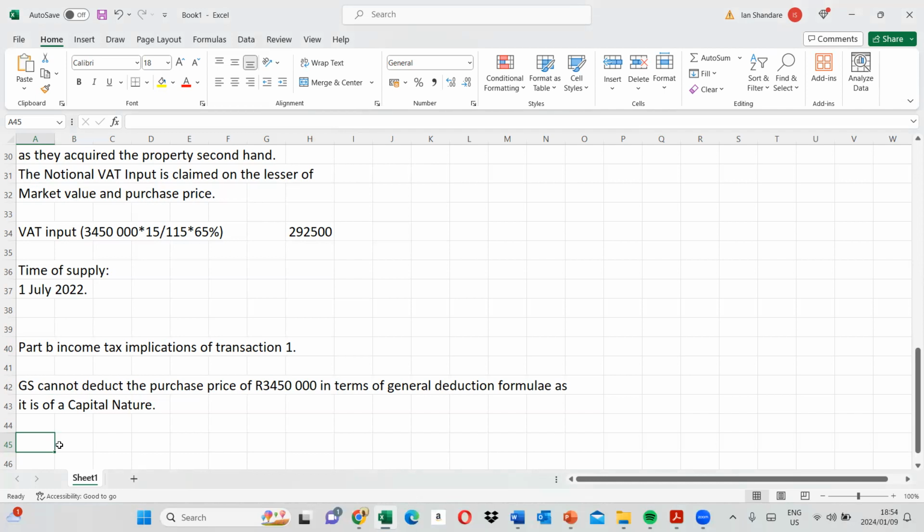In this case, the building is going to be used as a warehouse as well as for rentals, so we can't deduct it because it is of a capital nature.